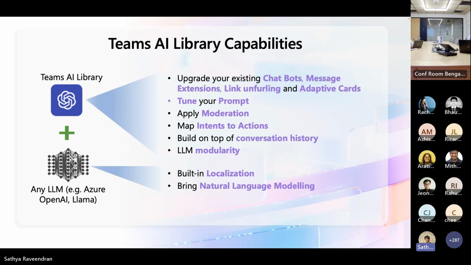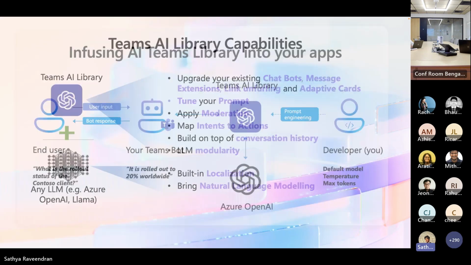All those things you can moderate. It is very easy to map intent to an action. You can have your bot's conversation history readily sent to the LLM. If you do not use the AI library, you will have to build all of this by yourself, managing the conversation history, managing the bot logic, all of this yourself. Whereas Teams AI library brings all of that to you out of the box.